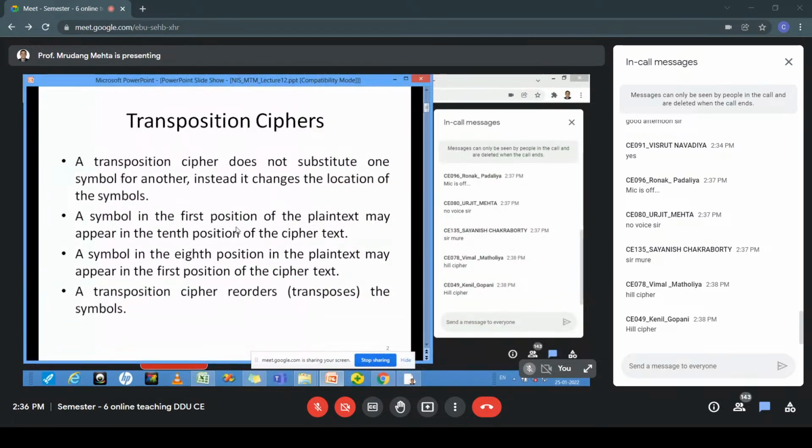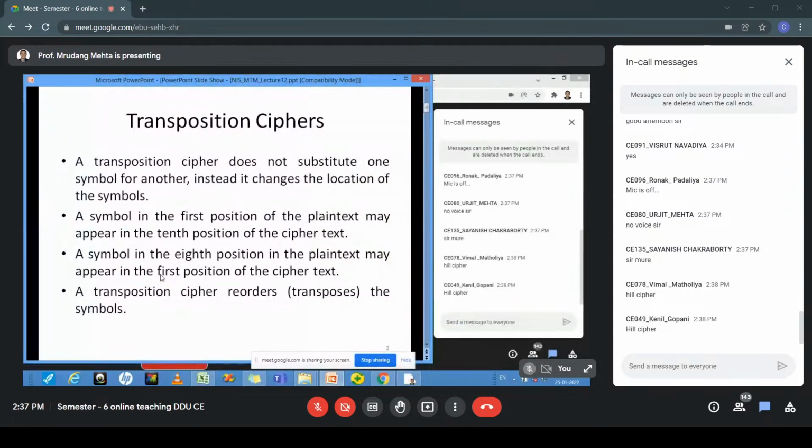Okay, so a symbol in the first position of the plain text may appear in the 10th position of the cipher text. A symbol in the 8th position in the plain text may appear in the first position in the cipher text. Are you getting this? So transposition cipher reorders the symbols.